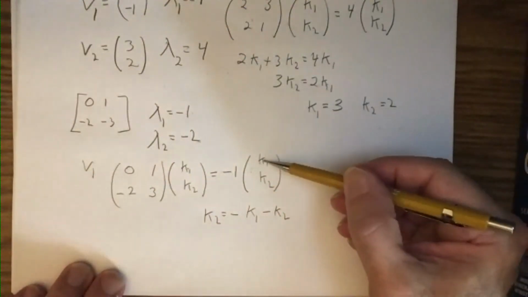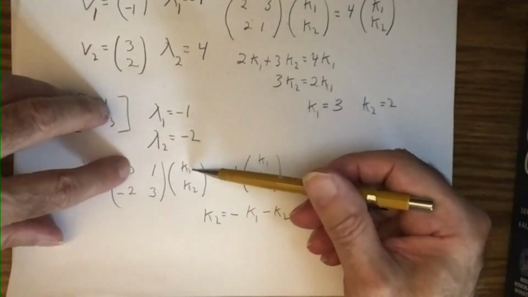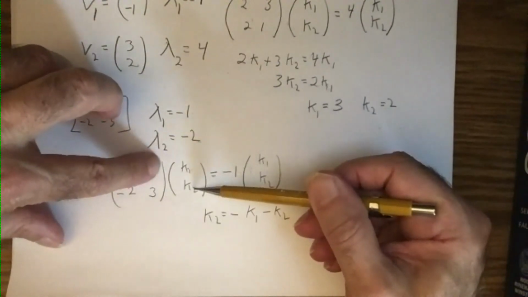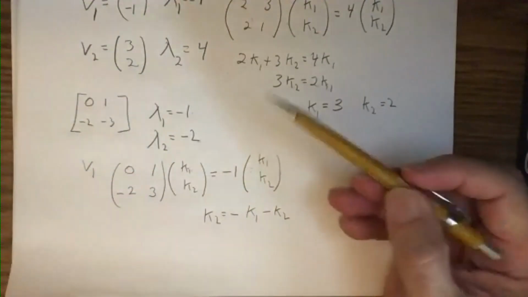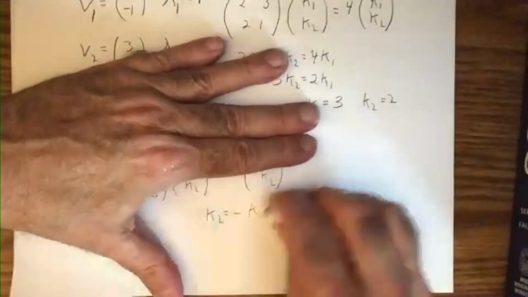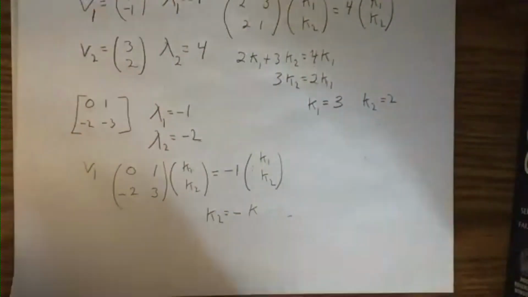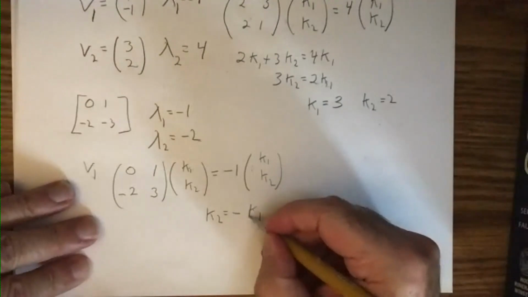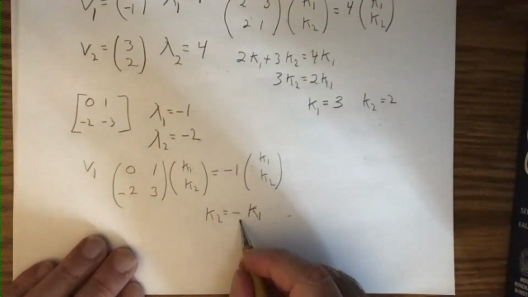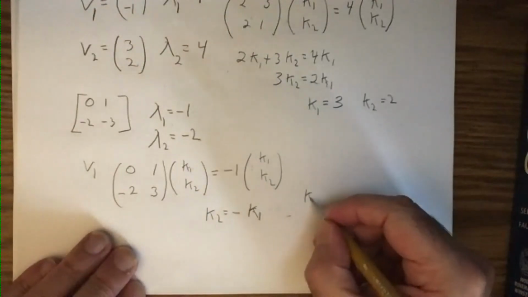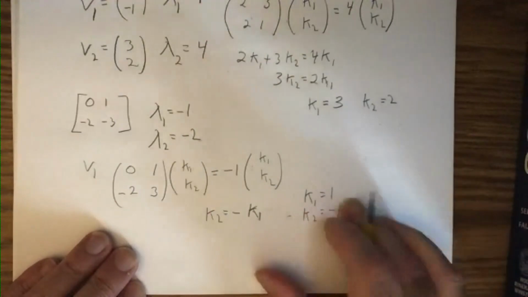This is K1. This is K2. And this is just K1. What am I doing? Okay. So I'm getting K2 is equal to minus K1, right? So if I let K1 equal 1, then K2 is equal to -1.